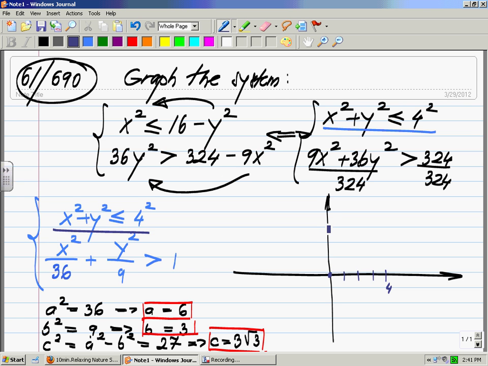I should have 4 on this axis also. I should have 4 here, 4 down here. So that's 4, that's negative 4, negative 4, just to make your circle, right? Your circle.